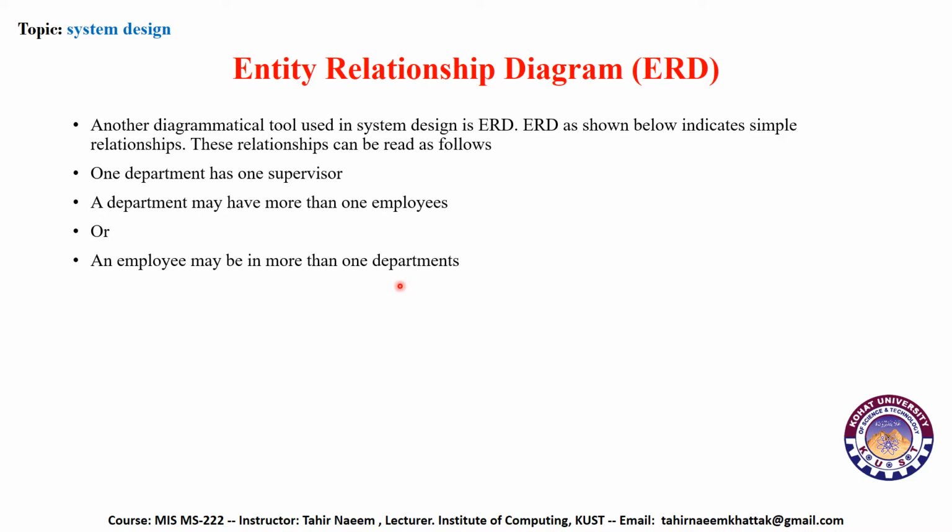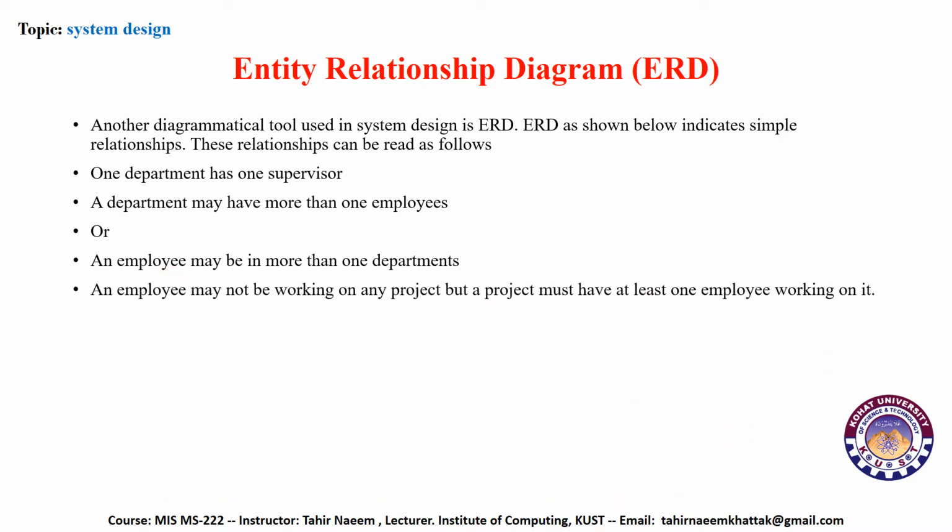It may be possible that an employee can simultaneously belong to more than one department. An employee may not be working on any project, but the project must have at least one employee working on it. So it's not mandatory that anybody will be working on a specific project, but at least one person should be handling the project.